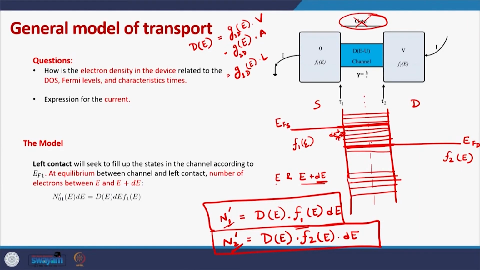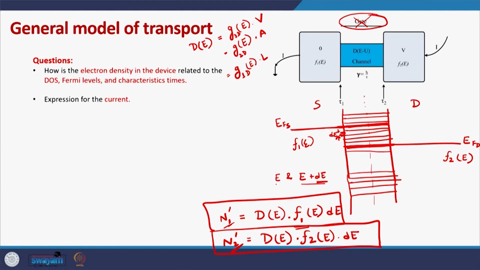So, let us say that in steady state the number of electrons in the channel is N prime.